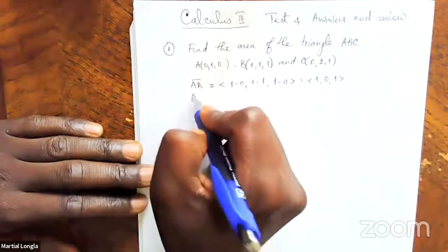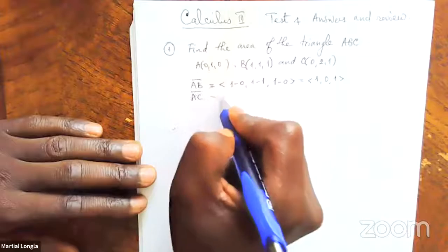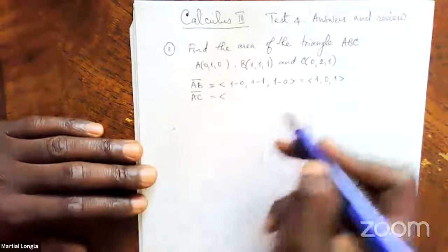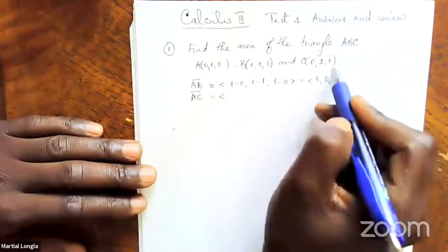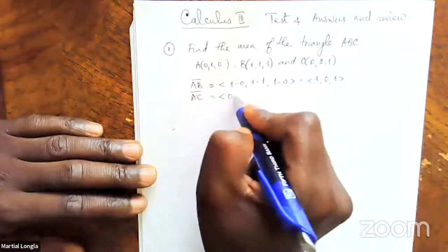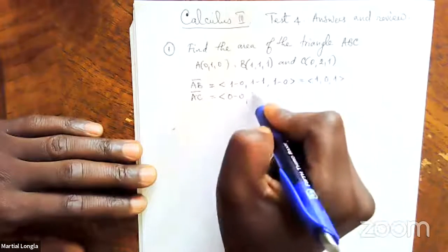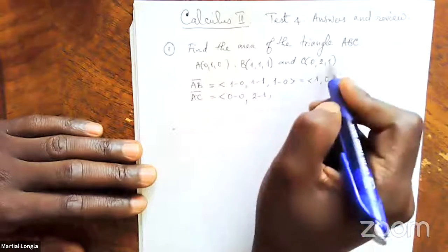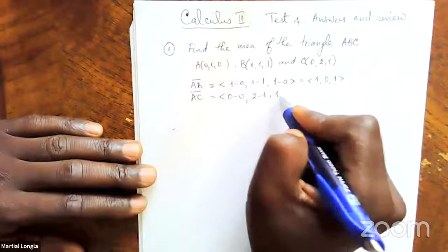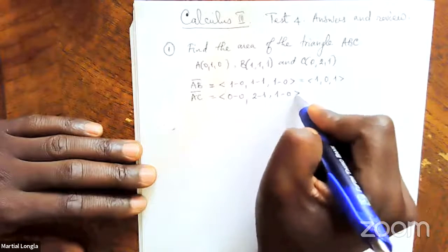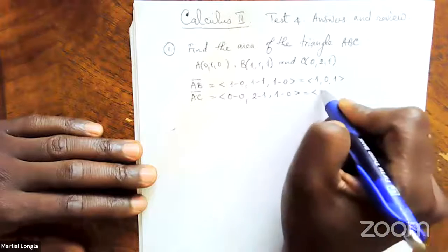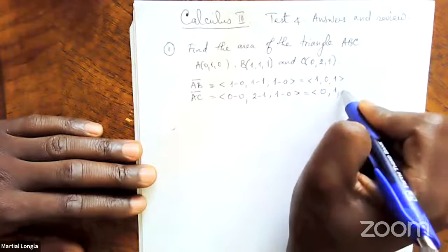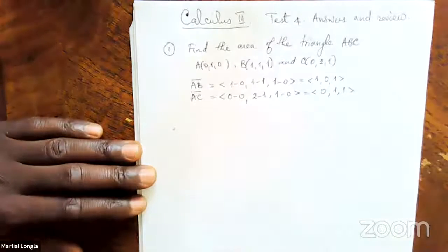Then you have AC, and make sure you read the proper vectors. A is here, C is there, so that's 0 minus 0, 2 minus 1, 1 minus 0. So that's 0, 1, 1.